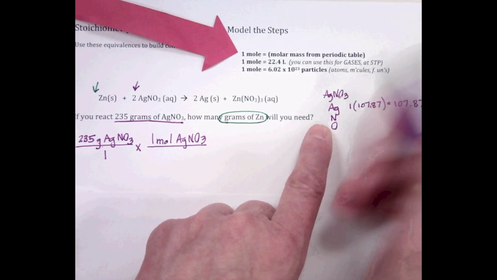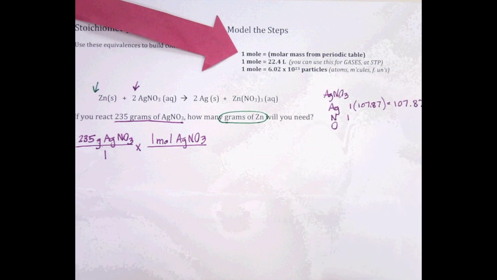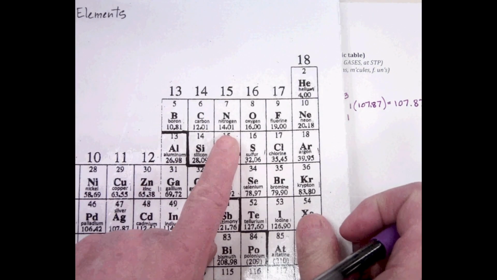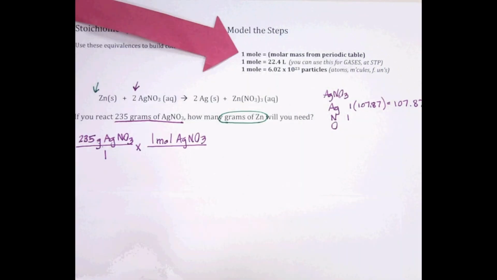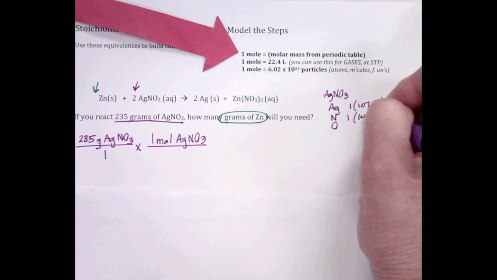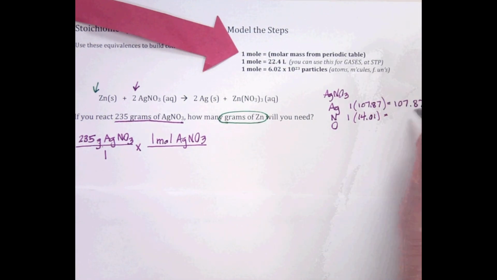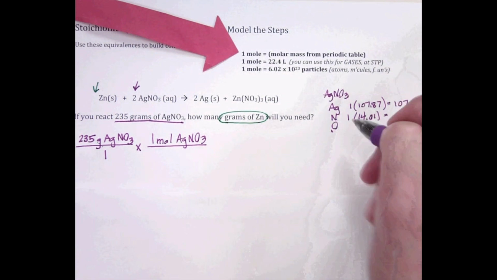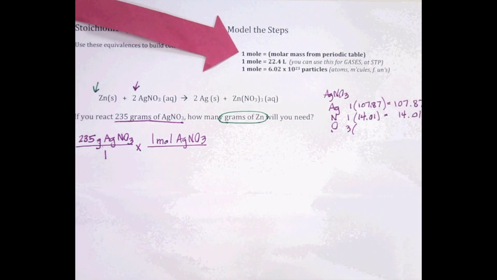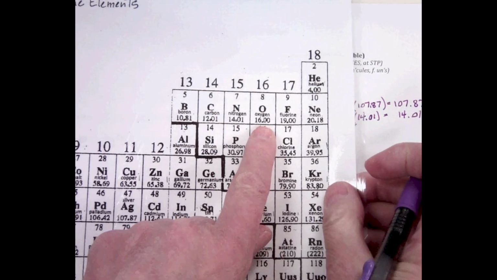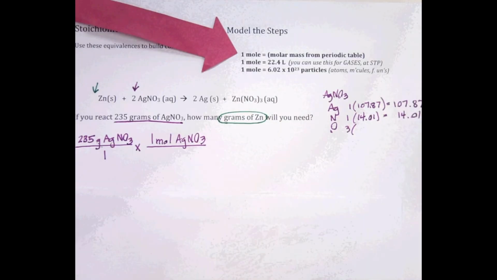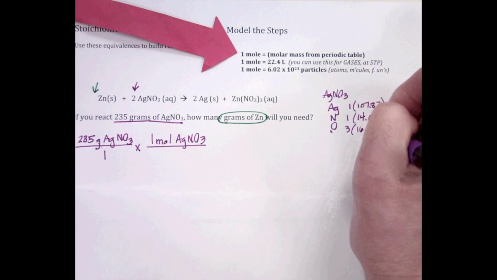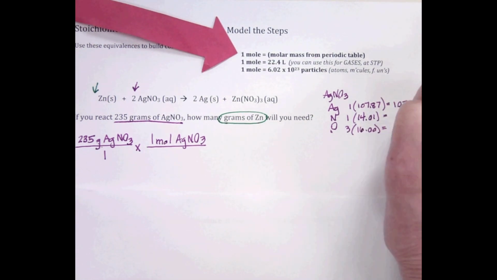There is 1 of those in my formula, and nitrogen's atomic weight is 14.01. And lastly is oxygen, and in this formula there are 3 oxygens, and oxygen's atomic weight is 16.00. 3 of those weigh 48.00.